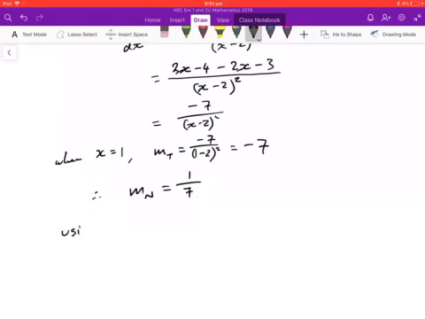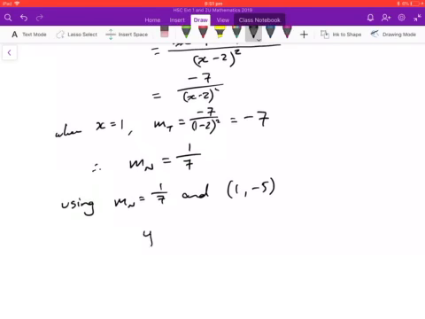So using m of the normal equals 1/7 and the point 1, minus 5, we have y plus 5 is equal to 1/7 bracket x minus 1. That's the point gradient formula: y minus y1 equals m times x minus x1.